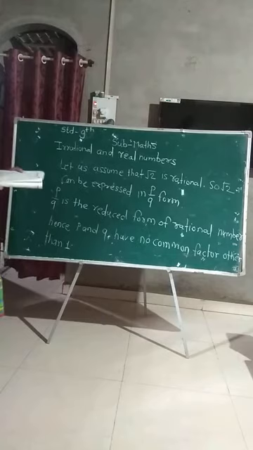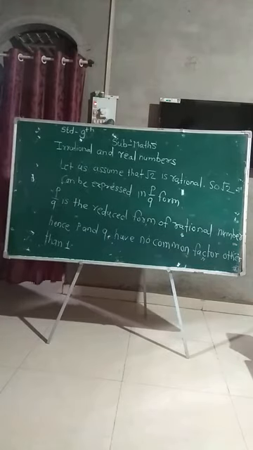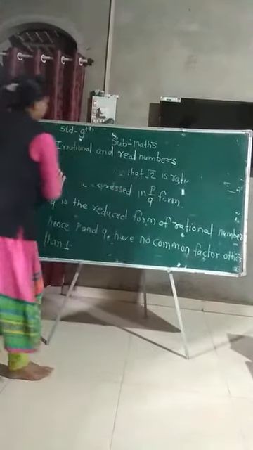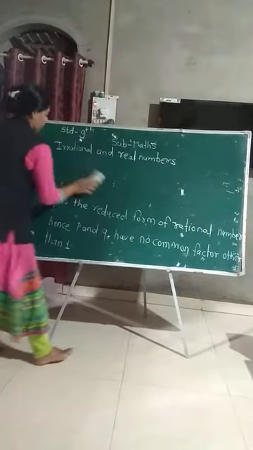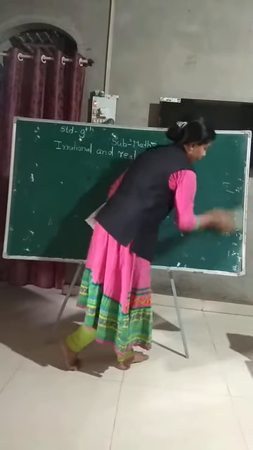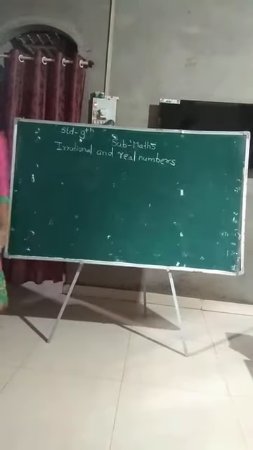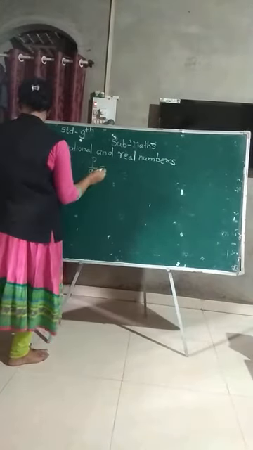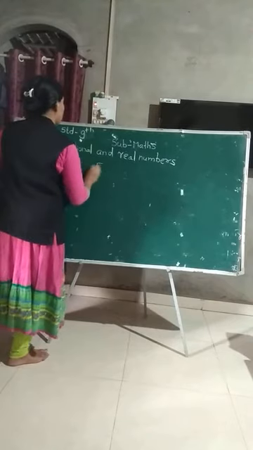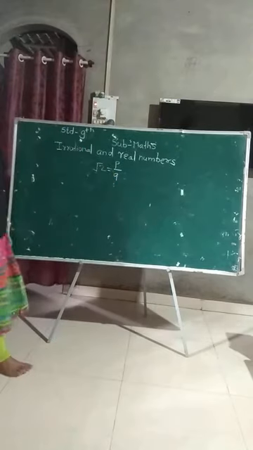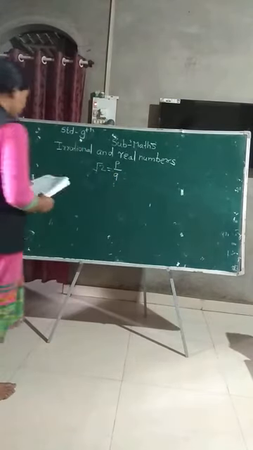So, what is our assumption? Root 2 is a rational number. So we write root 2 is equal to p upon q, because root 2 is a rational number is our assumption.